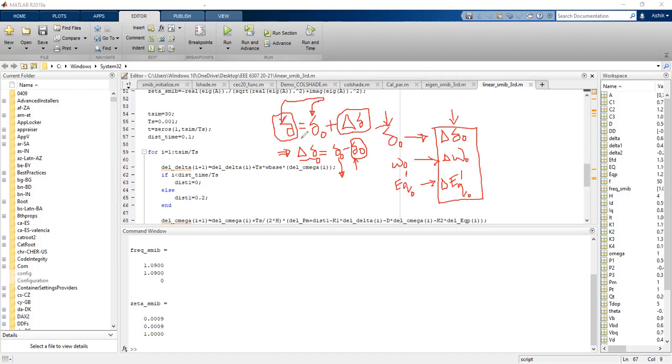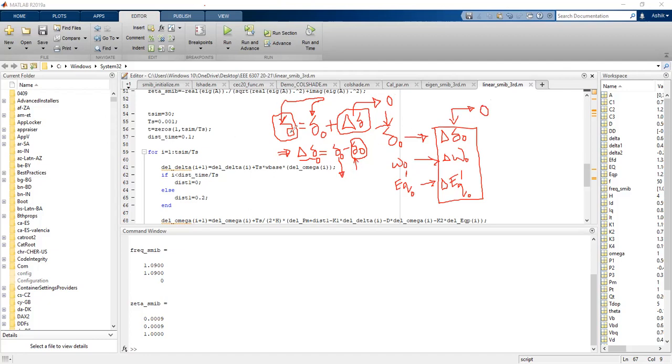Why? Because we are considering that it is an equilibrium point, a steady state operating point. So at the very beginning of the simulation, there would not be any deviation. All the deviation variables will start from 0. And that's why this vector of initial values, we can simply call them 0.